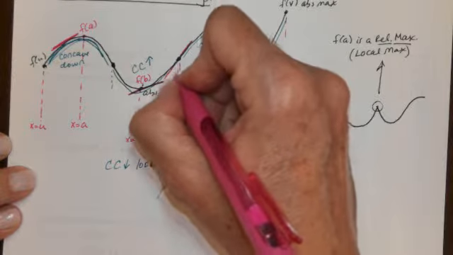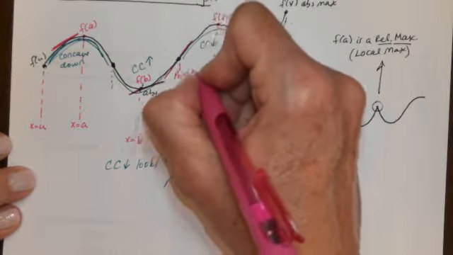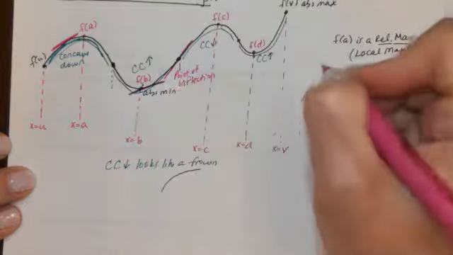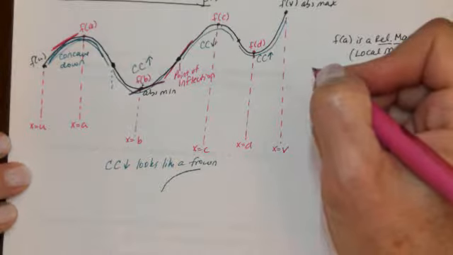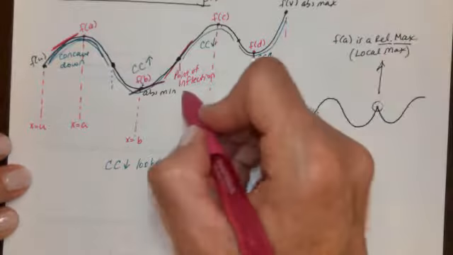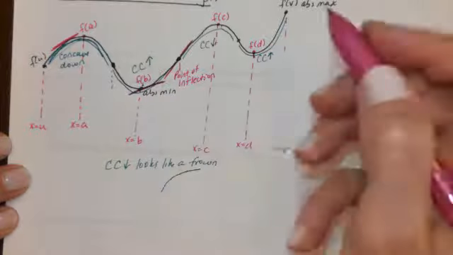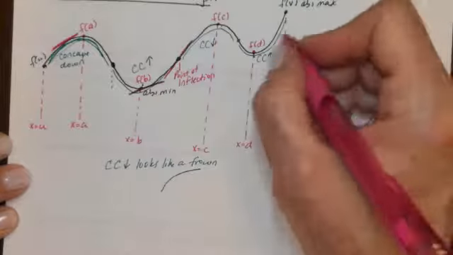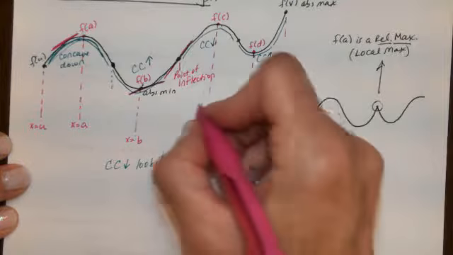This is called a point of inflection. I told you it was lots of terms this unit. So this is called a point of inflection or inflection point. Okay? So if your tangent line is half above and half below, that means that's a point where concavity is changing.